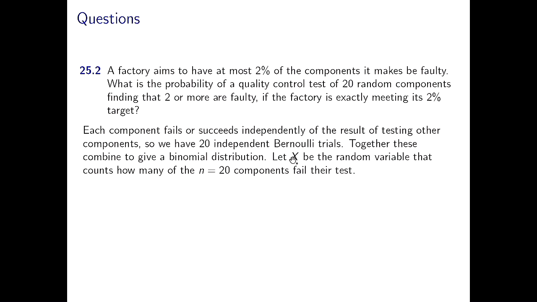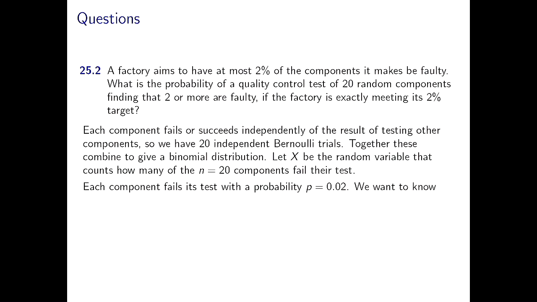So let X be a random variable that counts how many of these components fail their test. So here we're flipping failure and success. We're counting the number of failures, right? So each component fails with a probability of, well, if it's meeting its target, then exactly a 2% chance that a component fails the test, right?